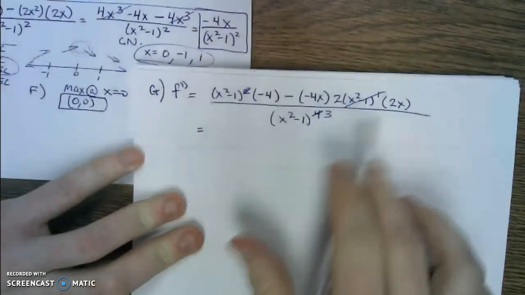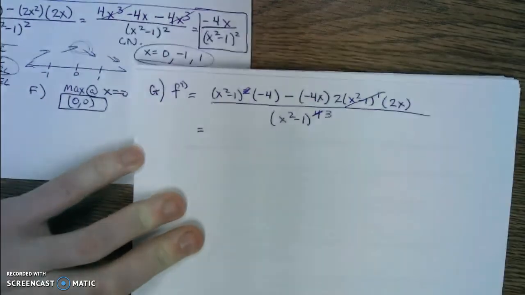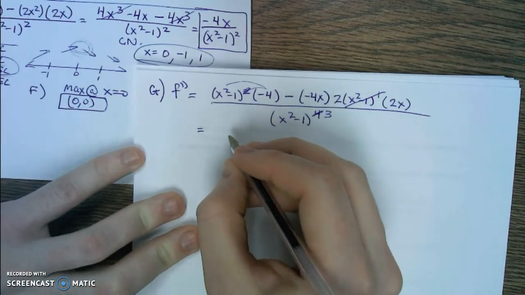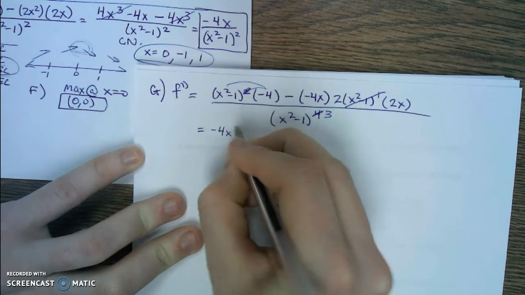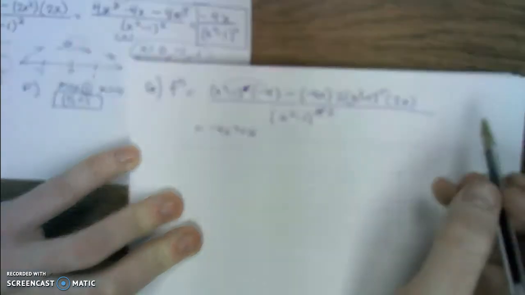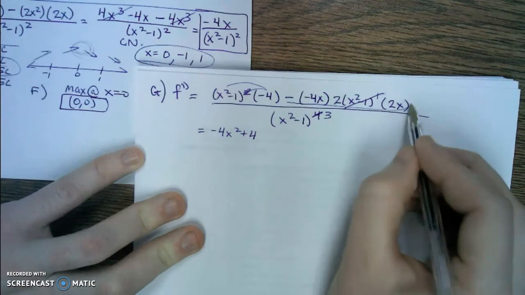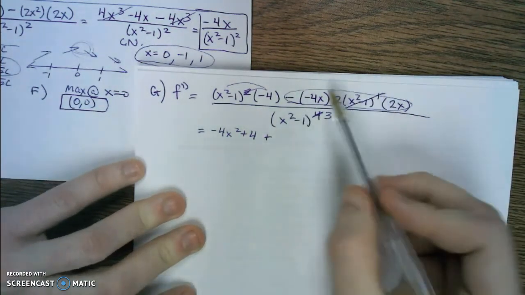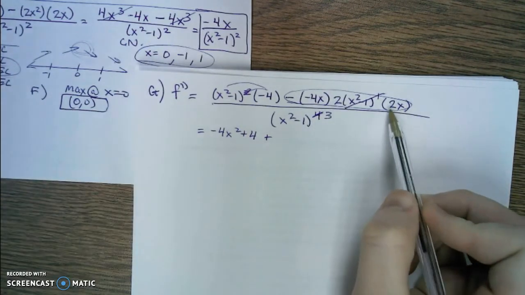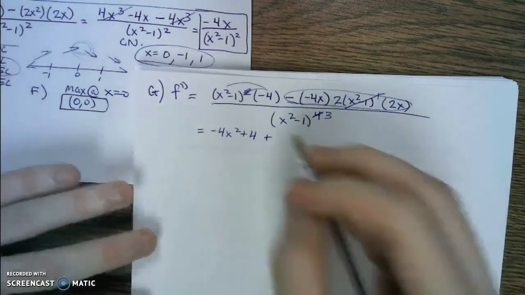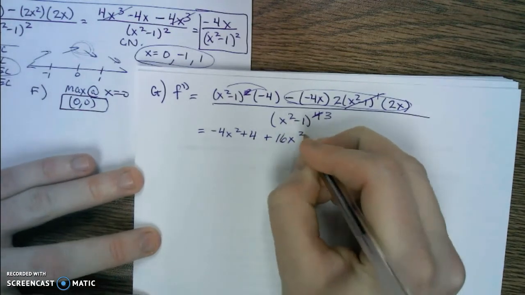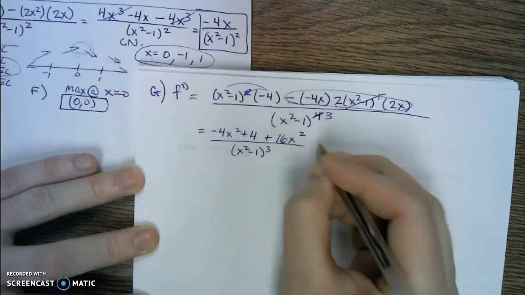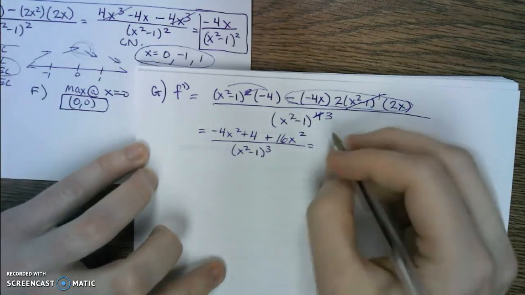So we just factored out and reduced an x squared minus 1. So now all I need to do is distribute a negative 4 onto that. And then if we multiply all these things together, I'm going to have positive 4 times 2 times 2, so 16x squared. We can put our x squareds together.